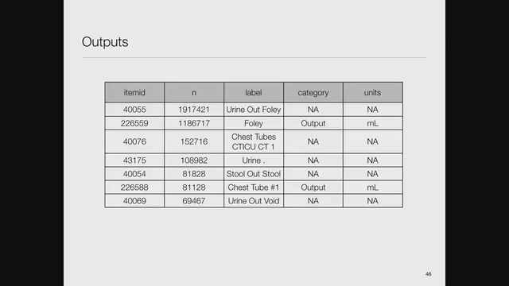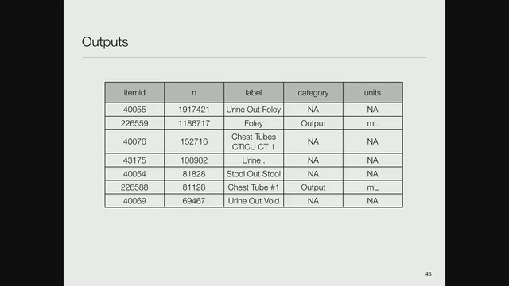We also track outputs. So a Foley catheter allows your bladder to drain without your having consciously to go to the bathroom. So they collect that information. There are 1.9 million recordings of how much fluid came out of your bladder. Chest tubes will drain stuff out of your chest if you have congestion.